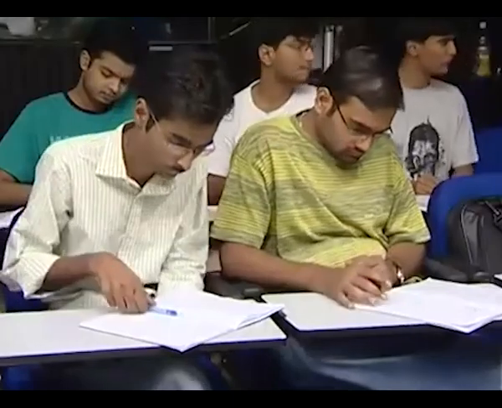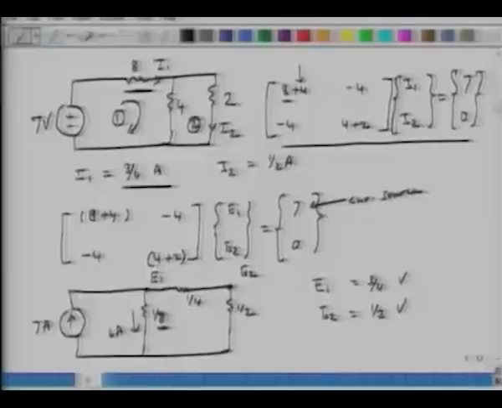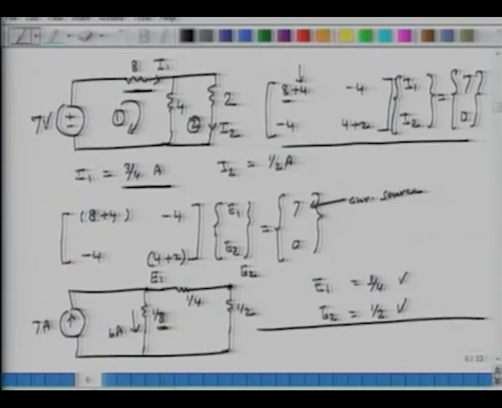So let's very quickly find the power dissipated. In the first circuit, power dissipated will be 8 times 3 over 4 squared, plus half squared times 2. A student asks about the voltage source diagram and how a resistance R1 becomes 1 by R1.